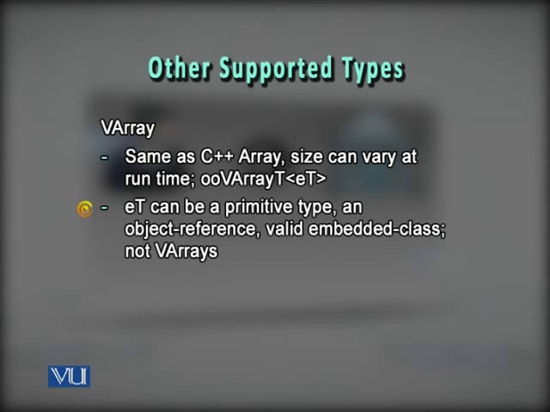Now, the type of the V-array can be any primitive type, an object reference, or valid embedded classes. However, a V-array cannot have another V-array as its element type. So this is a limitation or restriction that has been imposed in Objectivity C++.